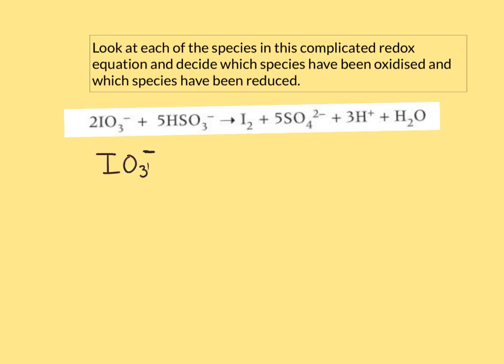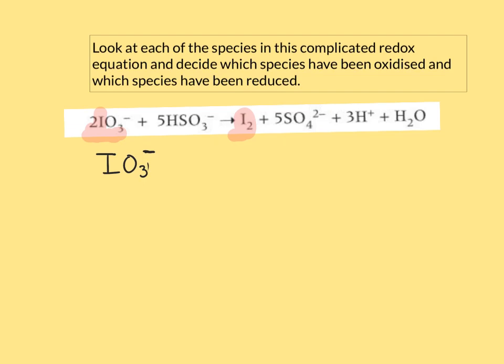So let's take the first one. It contains, as you can see here, iodine and oxygen. What's happened to the iodine on this side? It must have become I2. So the I in this iodate ion has become iodine.